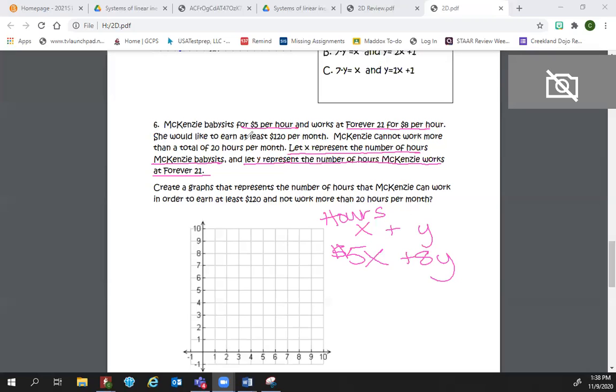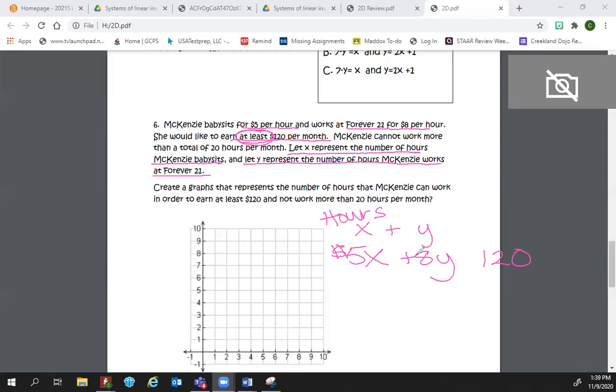So 5 and 8 have to do with hours or money? Money. So this says she has to earn at least $120 per month. So 120. So this is going to be an inequality because of this at least. So this is the amount of money she has, right? This is the amount of money that she wants. And this has to be at least 120. So does this have to be greater or does this have to be less than?